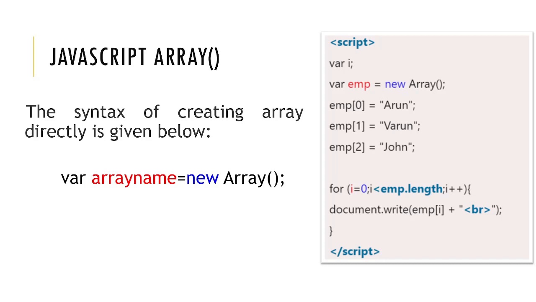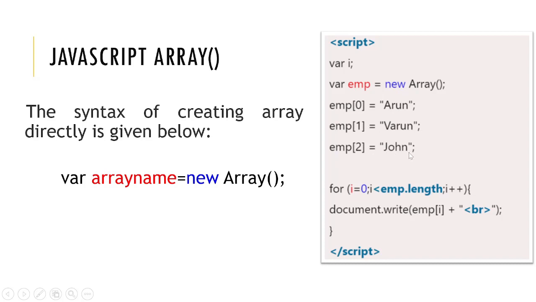In this example you can see var emp, this is an array which is equal to new Array. We create a new array and assign values to it, like emp of 0 equal to Arun, emp of 1 equal to Varun, and emp of 2 equal to John.